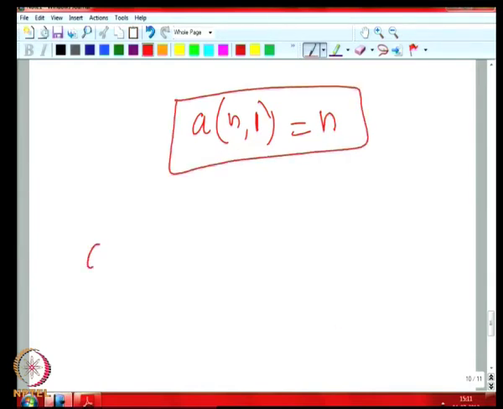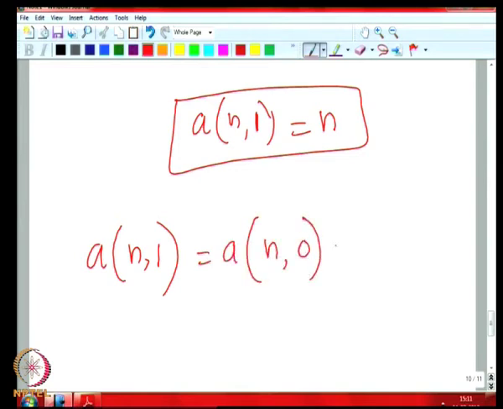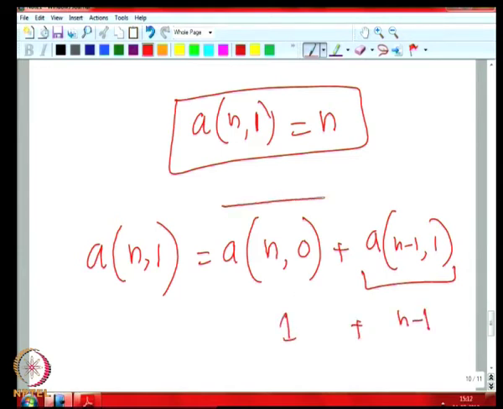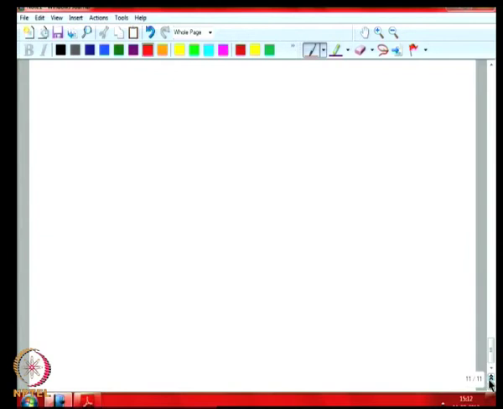Now, to make the recurrence relation true, A of n comma 1 equals A of n comma 0 plus A of n minus 1 comma 1. So, this should be n minus 1 plus this, and this has to be 1. So, A of n comma 0 should be defined as 1. That means, when selecting 0 objects with repetition allowed from n, we define it as 1. So, A of n comma 0 is equal to 1.